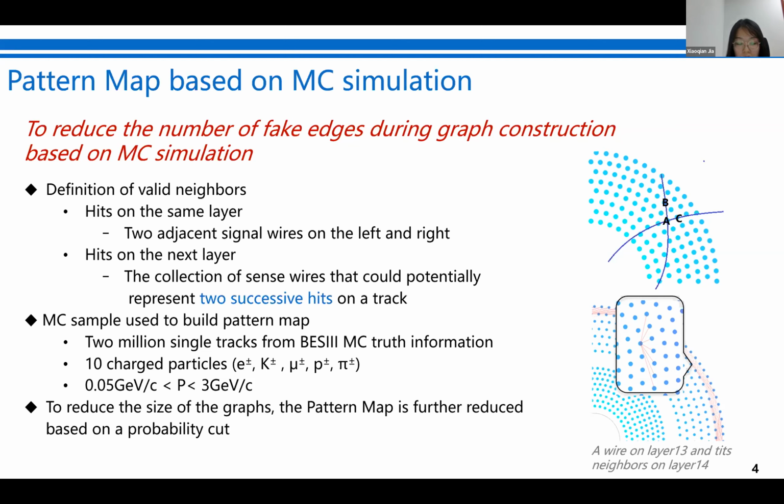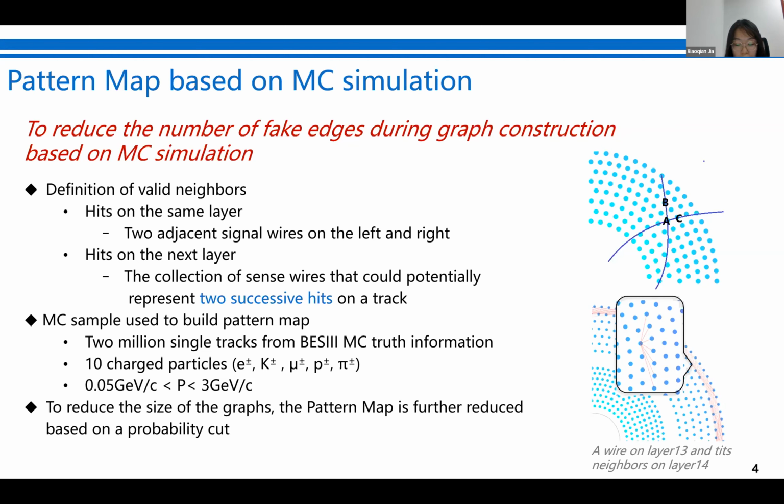For neighbors on the same layer, we simply define them as the two adjacent sense wires on the left and right. And for neighbors on the next layer, as shown in the picture, when the track passes through wire A and then passes through B, B is a neighbor, and similarly C.